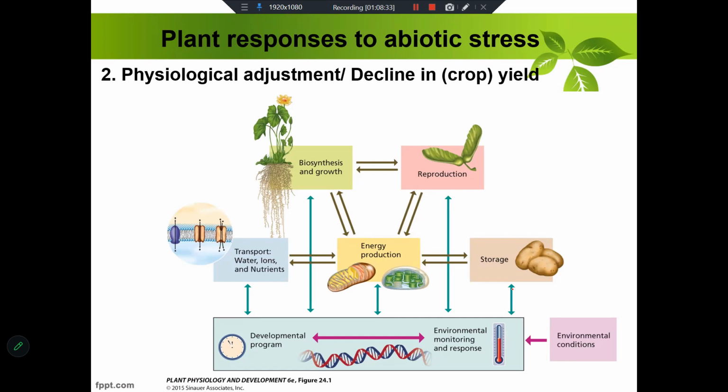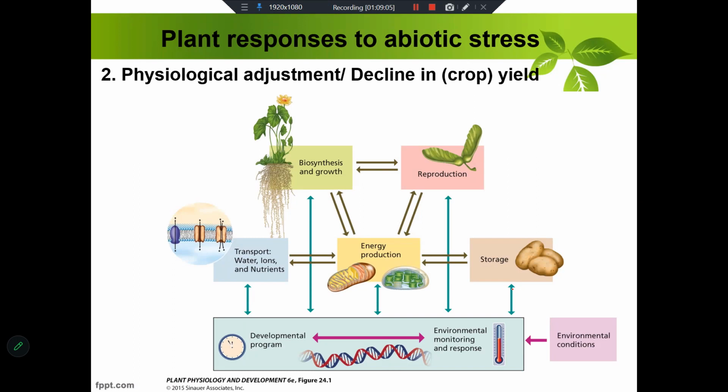It is partially determined by the genetic makeup. Plant genes will determine when to grow, when to reproduce, when and where to store, how to absorb water, when and how to take up nutrients.